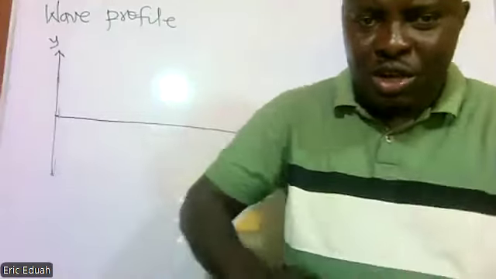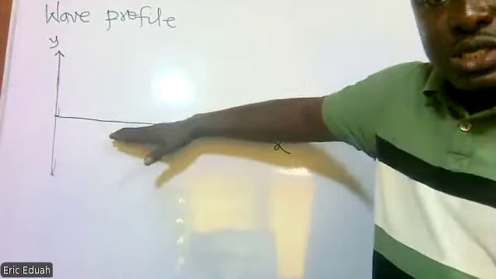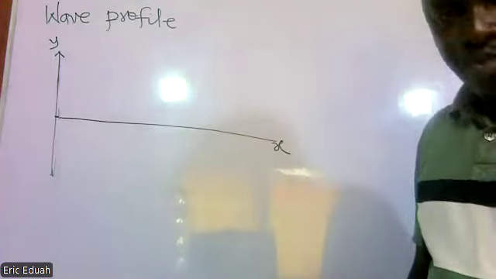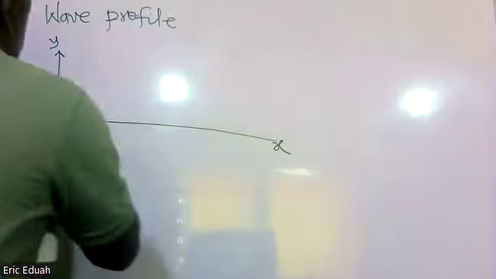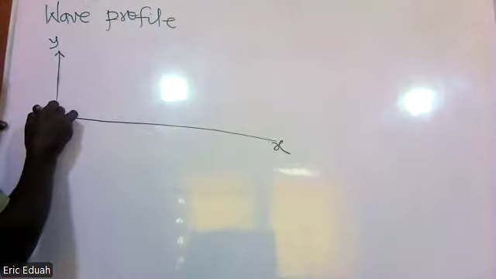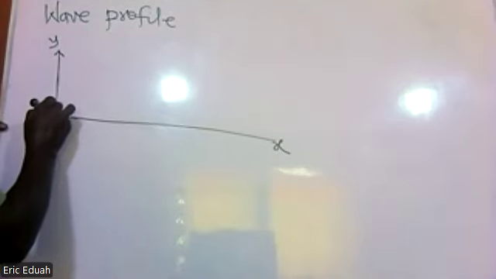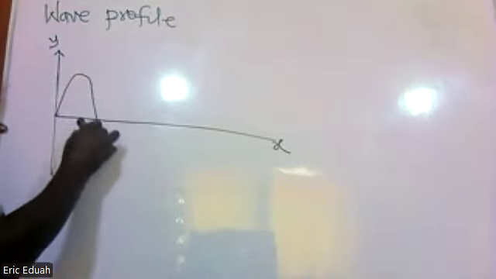If the medium is not disturbed, its surface looks like this. Now, when it is disturbed, particles vibrate in that up and down manner, transverse.